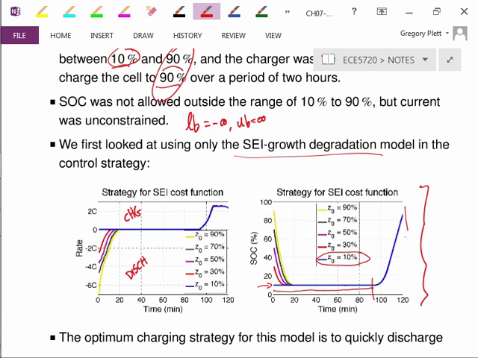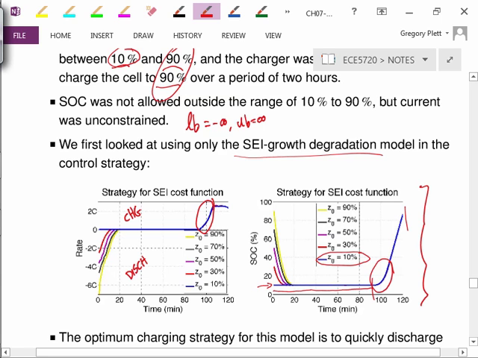Very interesting. You can see that in the current, so there's this kind of a ramping up of current that corresponds to that curvature there, and an almost constant current that gives me an almost constant slope right there. And you go back to the plots that we made, the 3D plots of SEI growth, and we saw that for different states of charge and C rate, we would get different amounts of lithium loss. And if C rate was 0, the minimum lithium loss happened at the lowest state of charge.